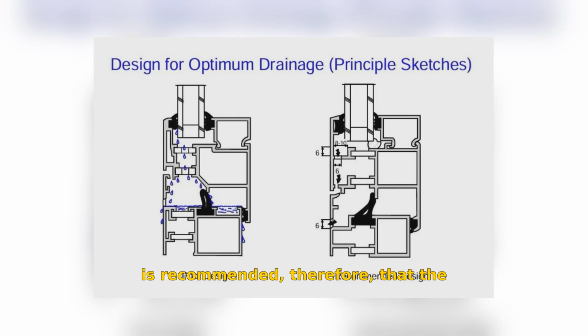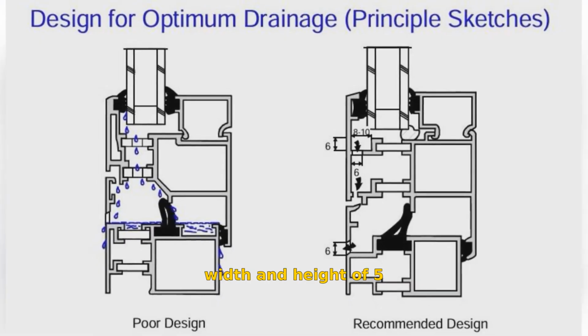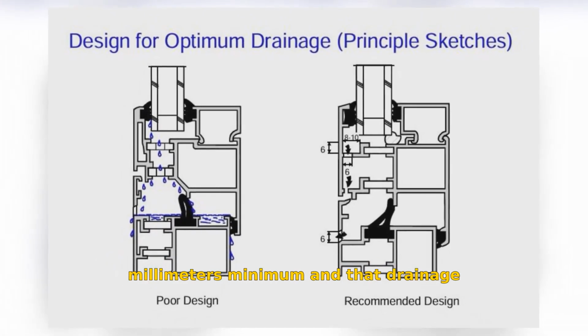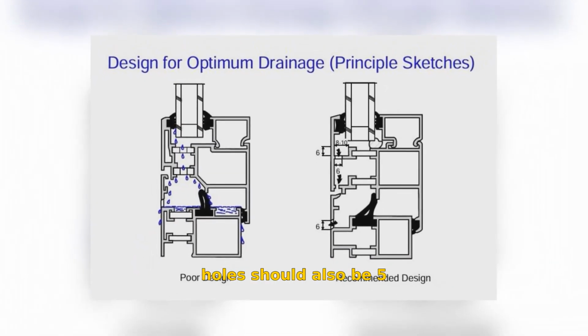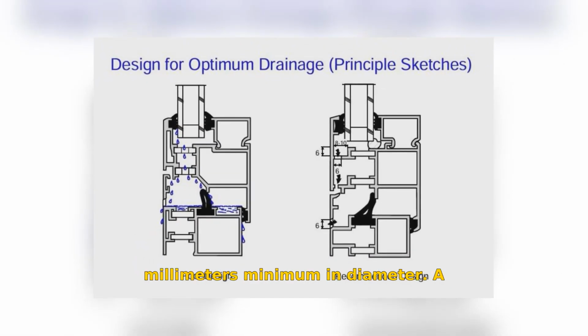It is recommended, therefore, that the collection channel should have a width and height of 5 millimeters minimum, and that drainage holes should also be 5 millimeters minimum in diameter. A drainage slot of, for example, 5 by 10 millimeters is better than a round hole.